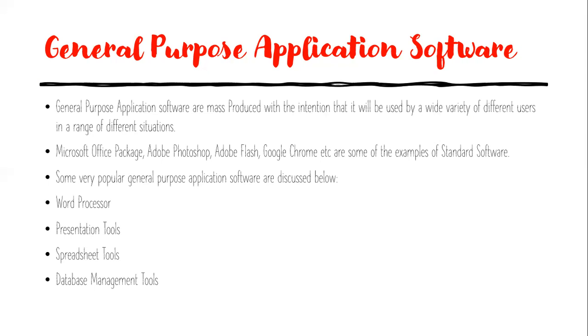Next, database management tools, that is, DBMS. DBMS means what, children? In this software, we can store the data, modify the data, and even retrieve the data. For example, in our school office, they will have the entire details of all of you students, all of your names.